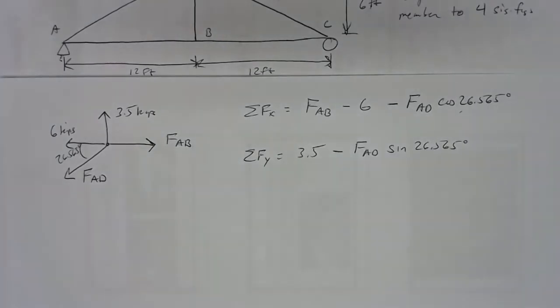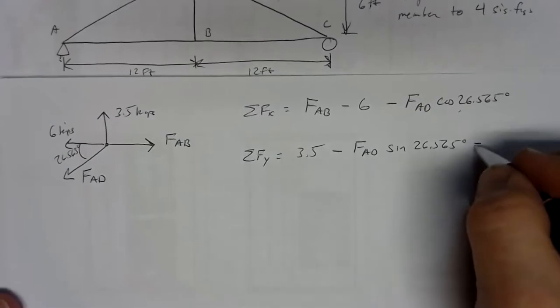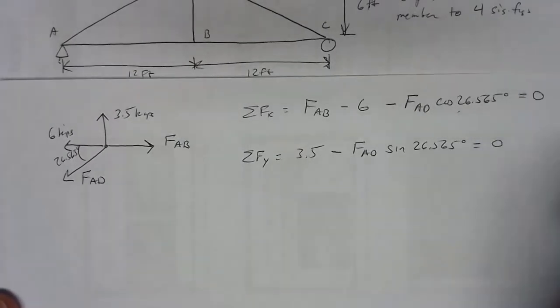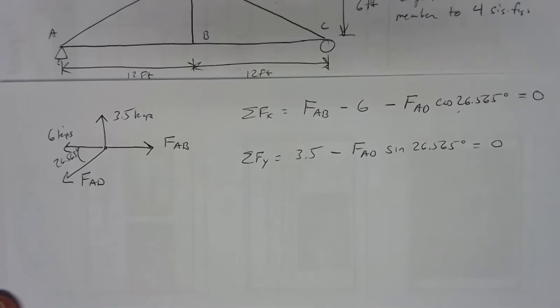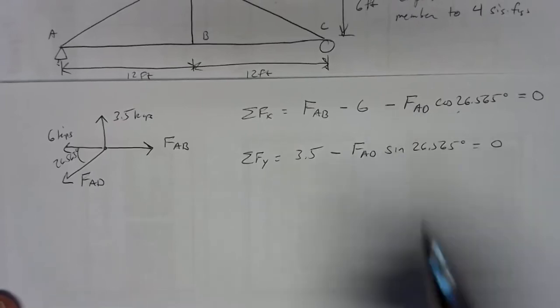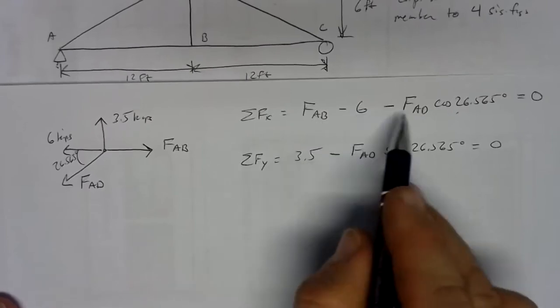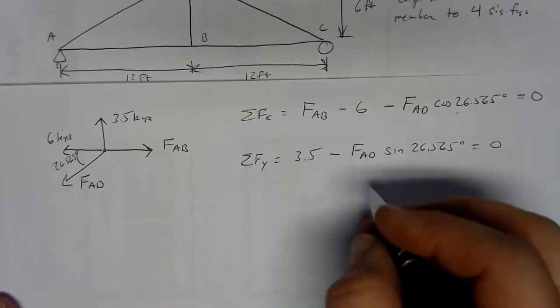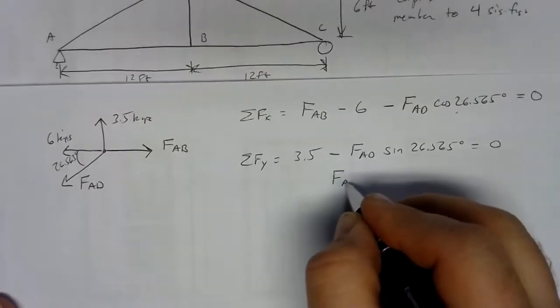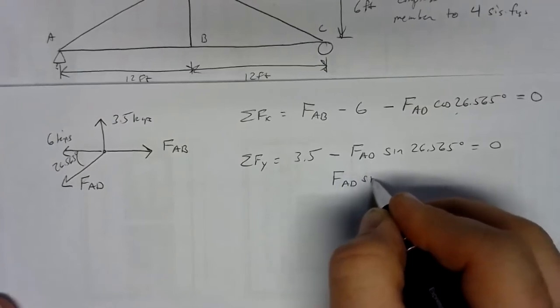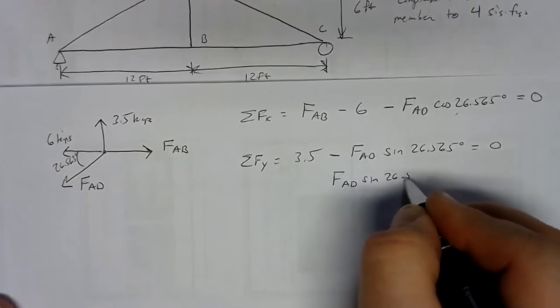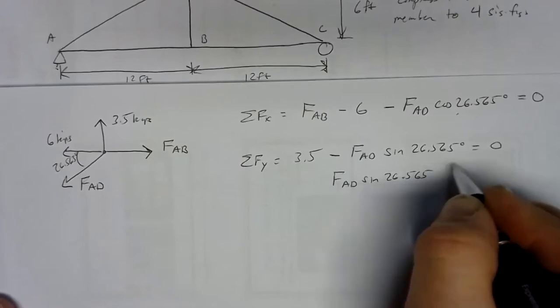So there we have our sums in the x and y direction. We set those equal to 0 because we've got equilibrium. We can't solve the x direction equation, too many unknowns, so we'll go to the y direction. And this should look pretty familiar so far. You'll see lots and lots of these, so get used to solving them.